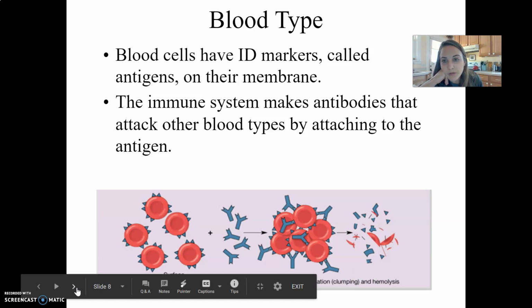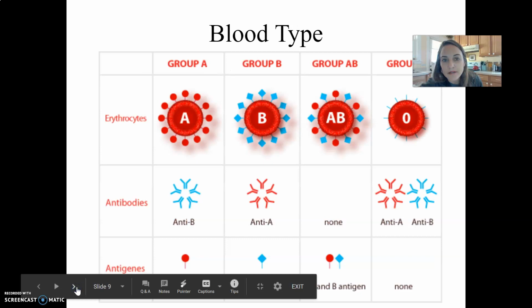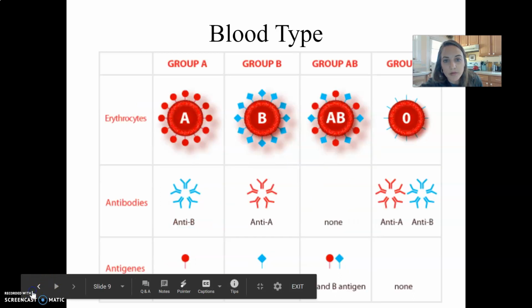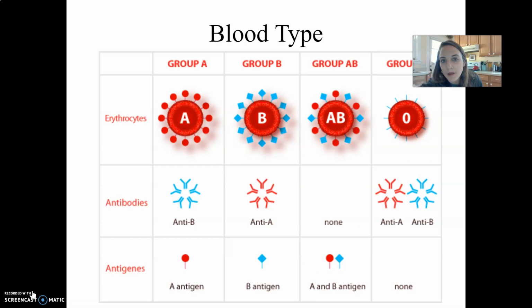Our blood type is really important to how our blood fights off diseases and recognizes antibodies. But there are 4 different blood types that different people have. You can be type A, type B, type AB, or type O. So maybe you could ask your parent if you don't know what type of blood that you have.